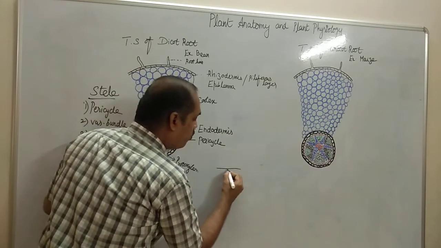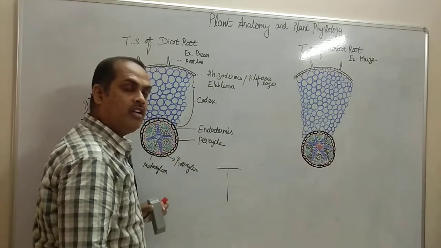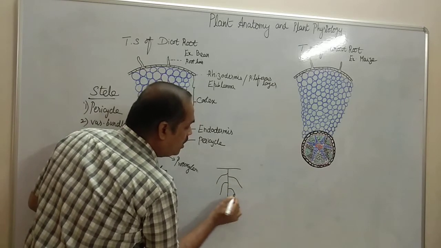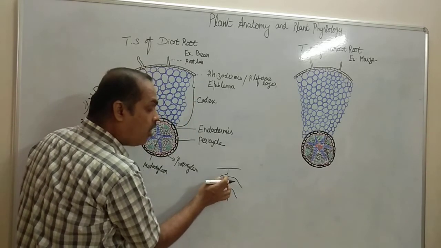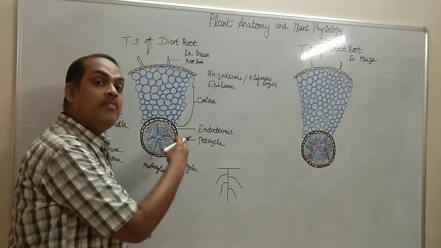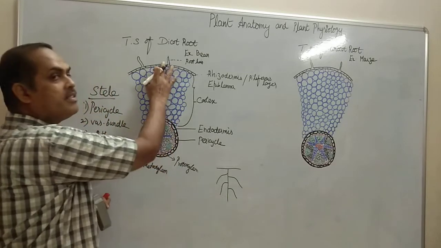As I told you before, this is the structure of the dicot root. We will have a main root called the primary root, and these are all the secondary roots. These secondary roots are not superficially attached to the primary root, but they are coming from the pericycle. Now look at this. The first layer is rhizodermis.